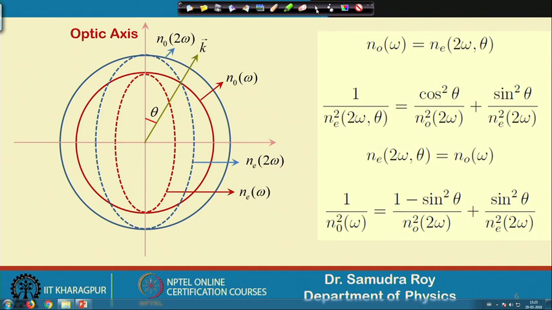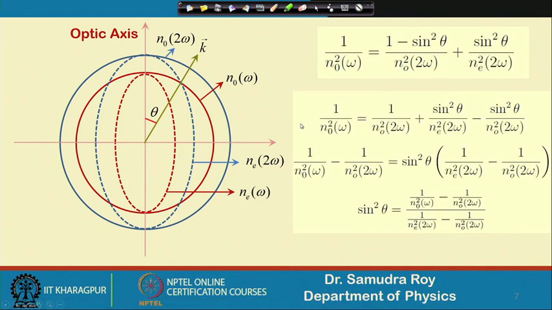Once I have this form, then the next thing is easy, we just replace this. So, the next step is to simplify. So, 1 minus n_o squared of 2 omega, I will put it here, and then I just write minus sin squared theta n_o squared of 2 omega here.